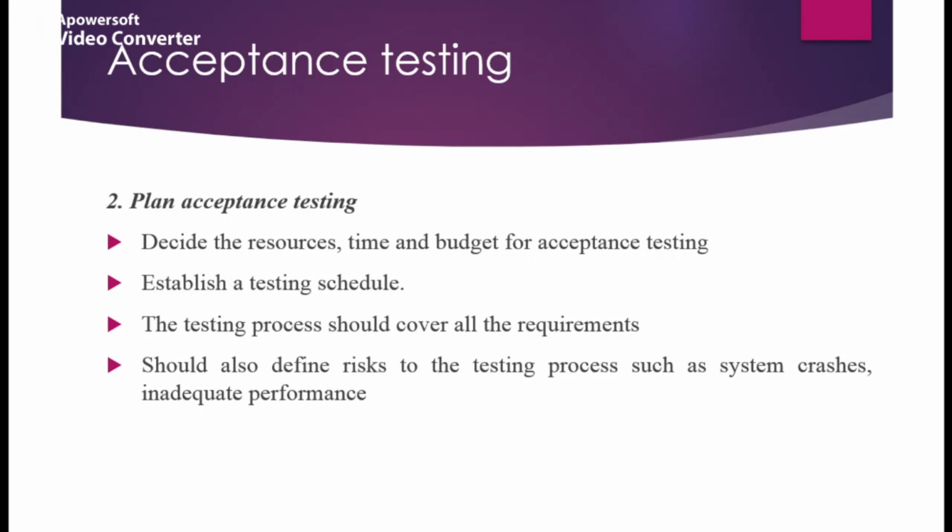Next, plan acceptance testing. Now we have to plan for acceptance testing. It's not just going and testing the system. You have to decide the resources, because how many resources are required for performing that testing process, then the time taken to test the product, and the budget, because again there is testing cost also.